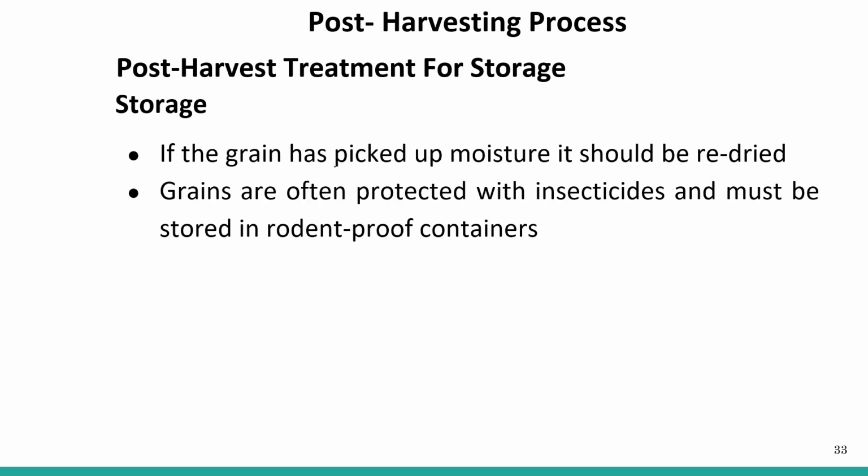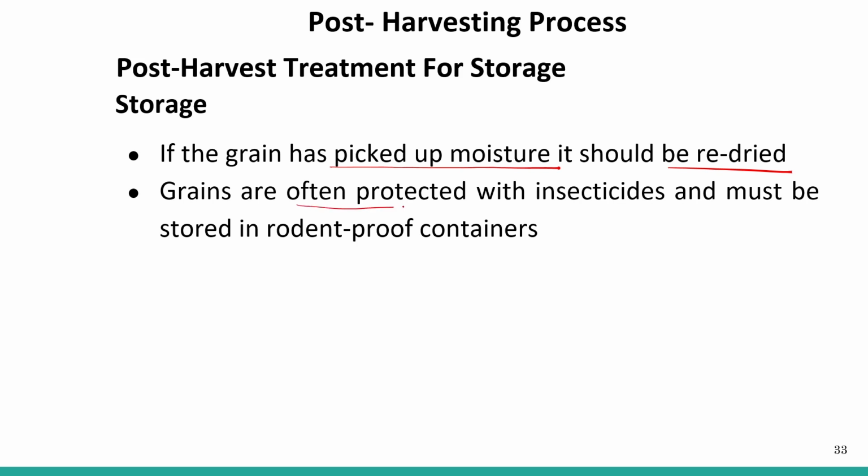If the grain has picked up moisture, it should be re-dried. Suppose earlier it was dried, but at the time of storage the seeds regain moisture, then we should go for the re-drying method.